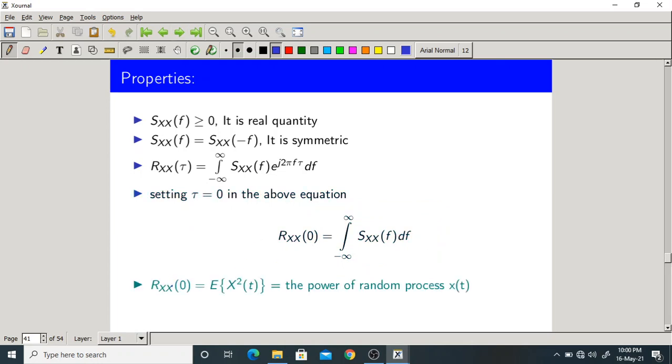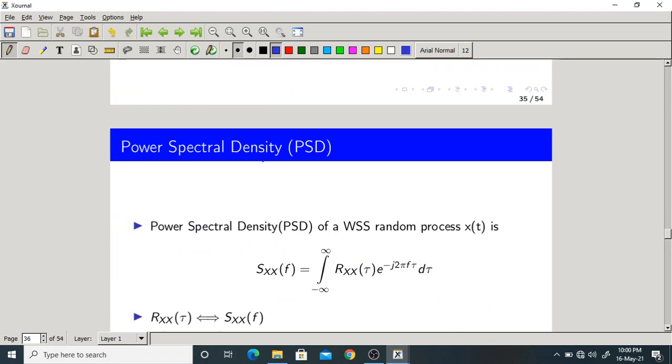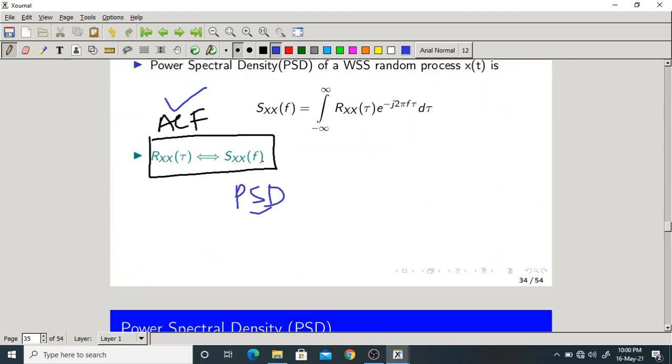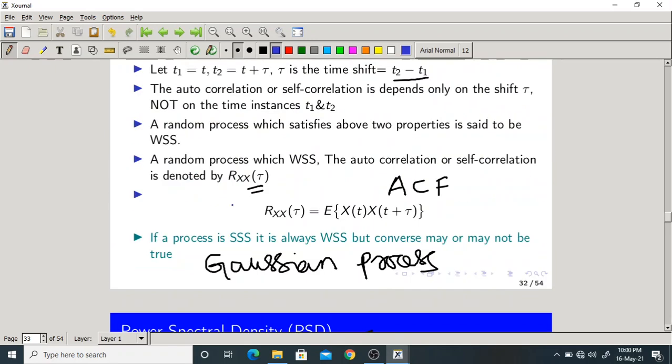Now what does this indicate? RXX of 0. If you go back, what did you write here? RXX for a WSS random process. In this expression, keep tau equal to 0. What do you get? It implies expectation of X of t whole square.